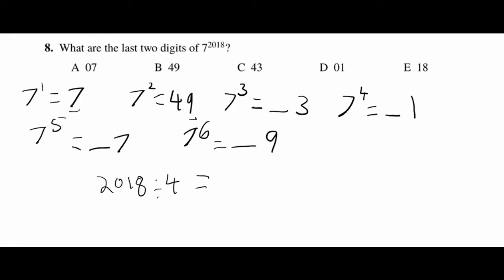And so 2018 divided by 4 has remainder 2. And so this means that 7 to the power of 2018 must end in a 9, because 7 squared is 49. And so therefore the answer is B.